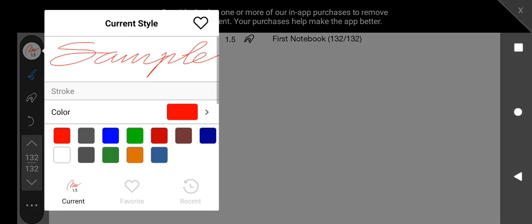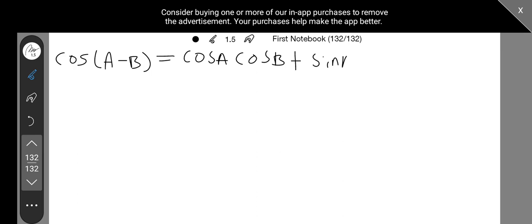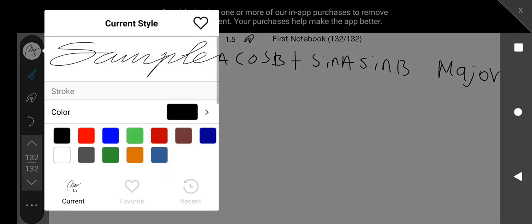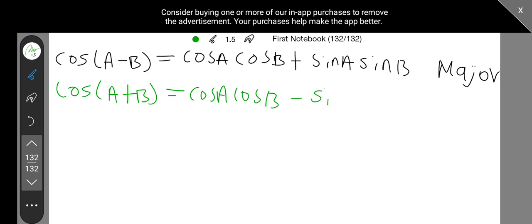The original one is given as cos(A − B) = cos A cos B + sin A sin B. This is the major, or rather the original one, but we use it to prove the remaining three. We use the black one to prove that cos(A + B) is equal to cos A cos B − sin A sin B, and that is the first proof.